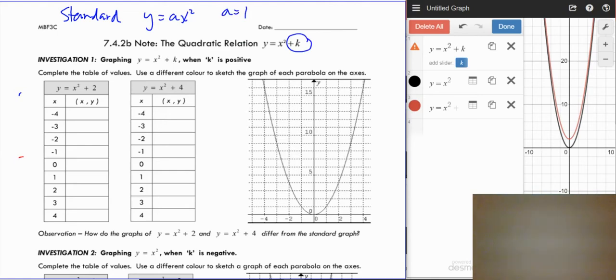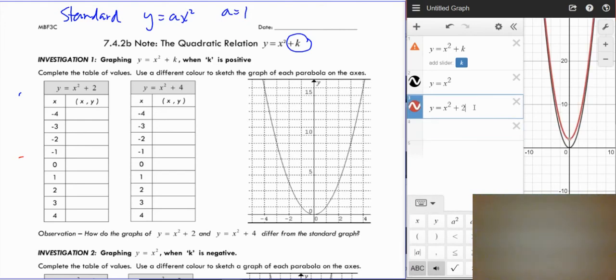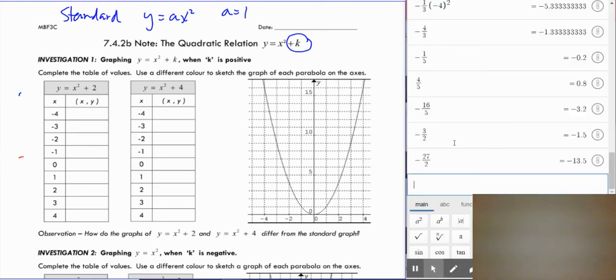Okay, so if we take our first example here, and we repeat ourselves. No, we have to go over here, right.